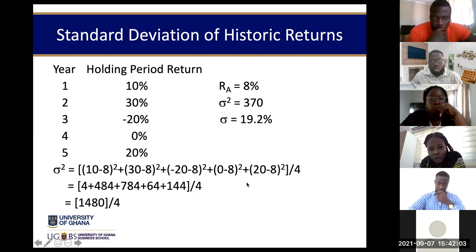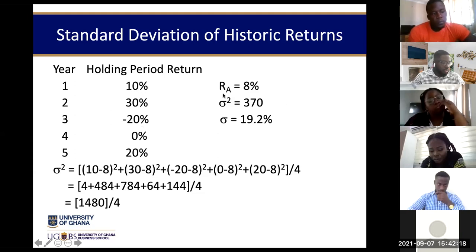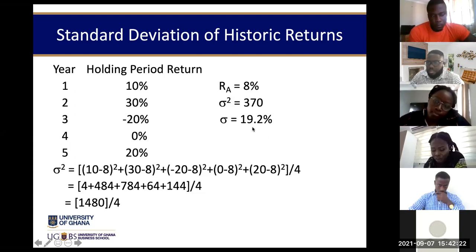So the answer of the variance technically is percentage squared. But our returns are expressed in what? Percentage. So that is why we take the square root of the variance to give us a percentage, to bring us back to a percentage.